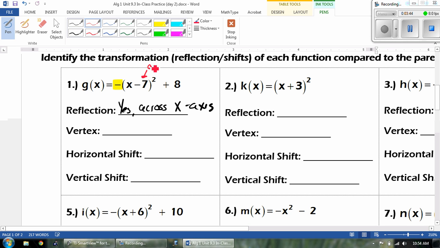Remember, the vertex, we take the opposite, and this stays the same. So my vertex is going to be a positive 7, 8. Remember that the horizontal shift is our x. So we would go right 7. And then our y, what's our y tell us to do? The y tells us to go up or down. And since it's positive, we are going to go up 8.